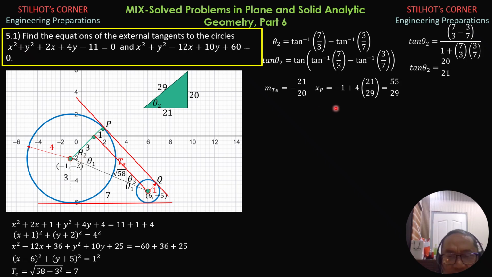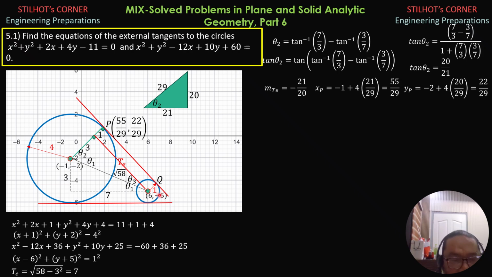and cosine theta 2 is 21 over 29, so it is 55 over 29, while the y coordinate of P is negative 2 plus 4 sine theta 2, and sine theta 2 is 20 over 29, so 22 over 29. So P is at 55 over 29, comma 22 over 29.